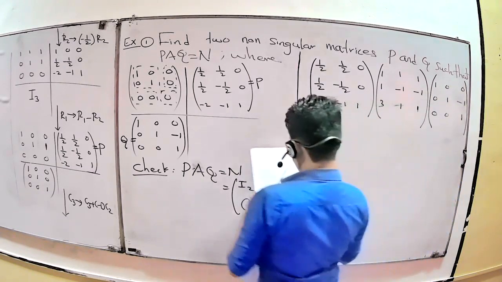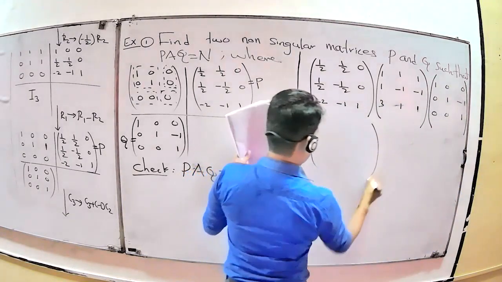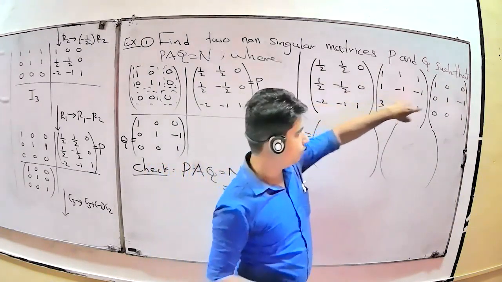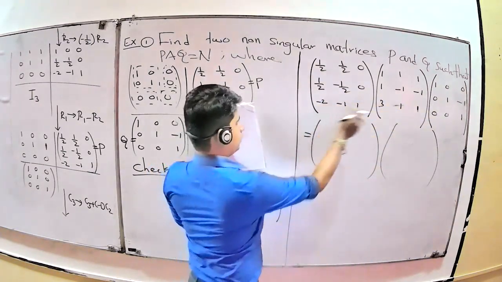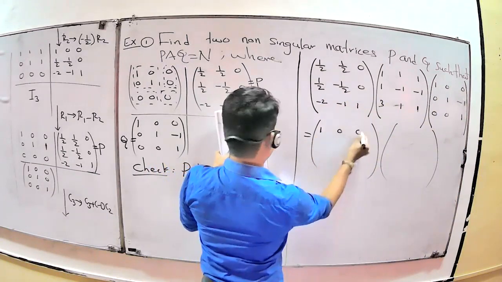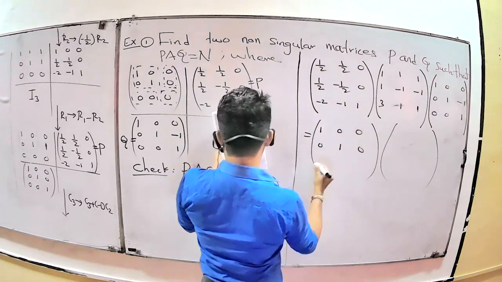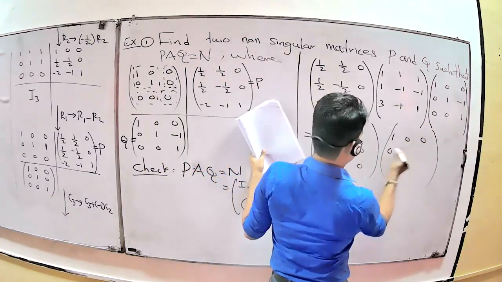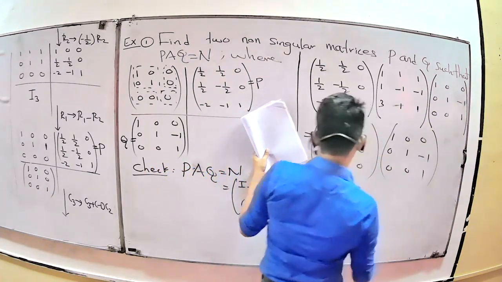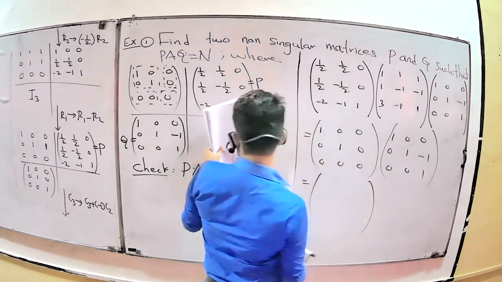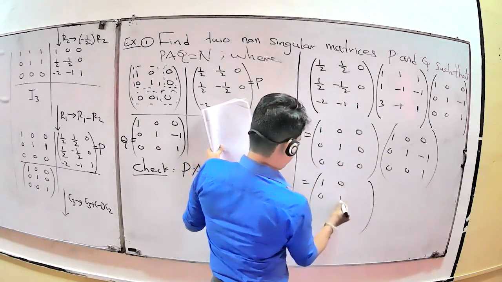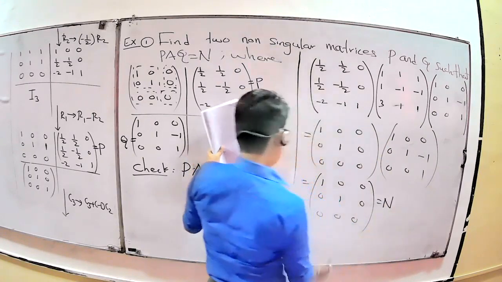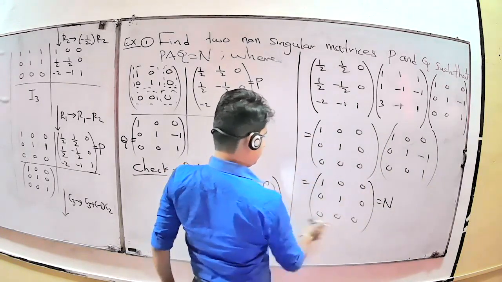You can multiply by pair. You can multiply first this one and this one, and suppose you multiply, you get 1, 0, 0, 0, 1, 0, 0, 0, 0. Then you multiply here, and you get 1, 0, 0, 1, 0, 0, 0, 0, 0. It is your normal form of the form I2, 0, 0, 0.